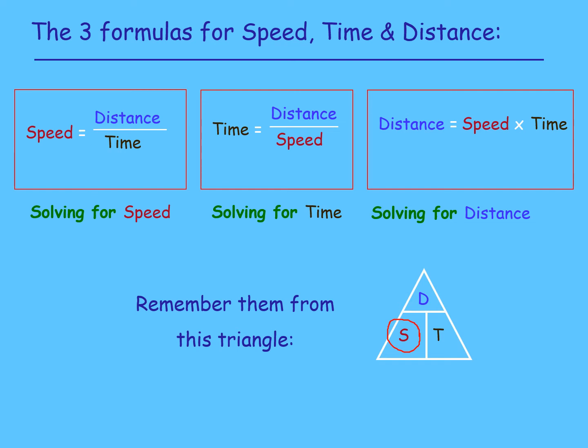Next, if the problem is distance, then we have speed multiplied by time. How about if the problem is time? So we have distance divided by speed. So that is very easy to remember.